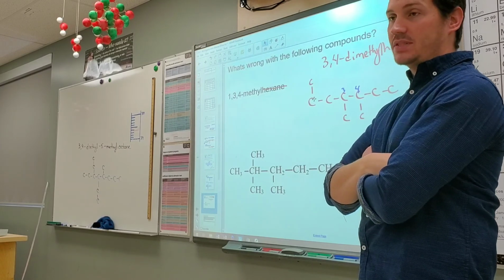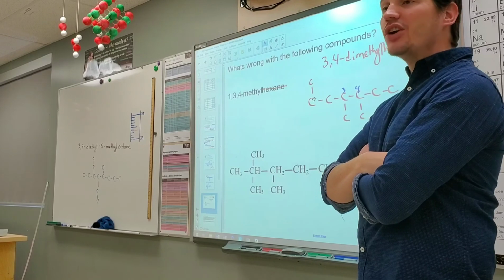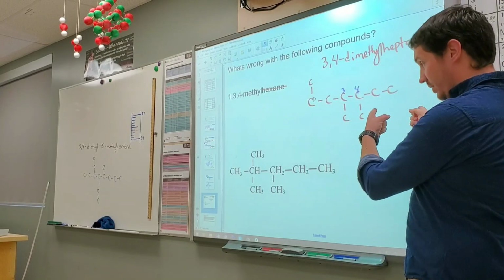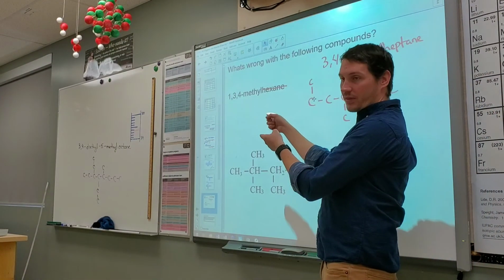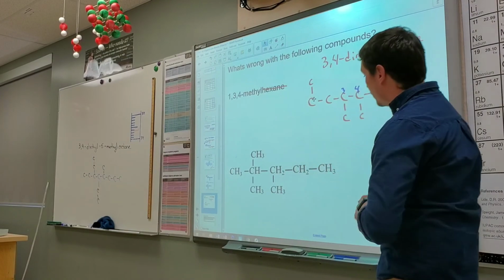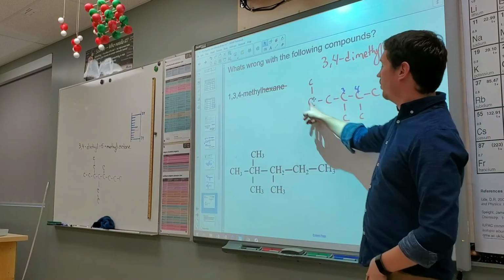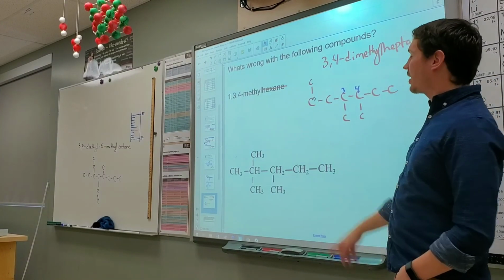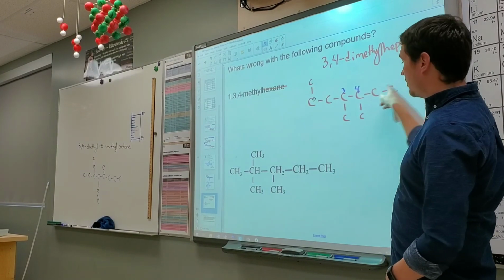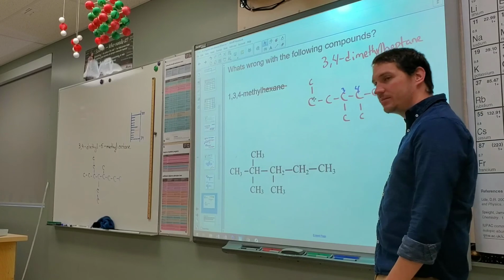There could be a diploma exam question where the question says a student incorrectly named the following substance 1,3,4-methylhexane. What is the actual name for it? And it would give you this picture, and you would just have to say, okay, well, there's a parent chain here. I'm not going to name it 4,5, so I'll name it 3,4 dimethylheptane. Done. Good?